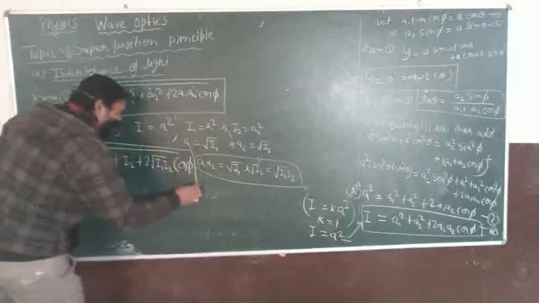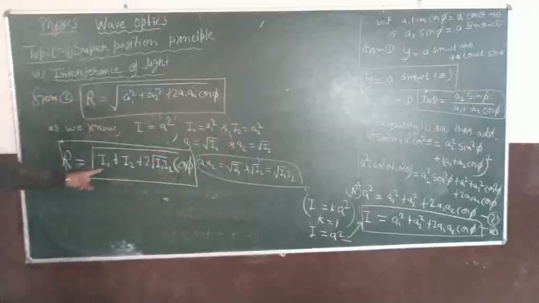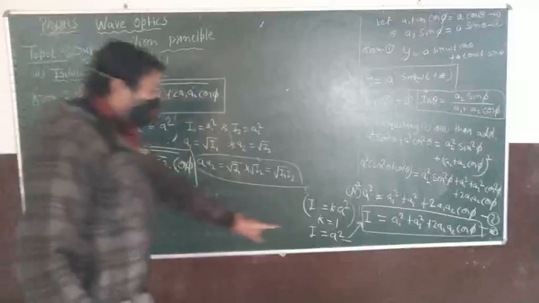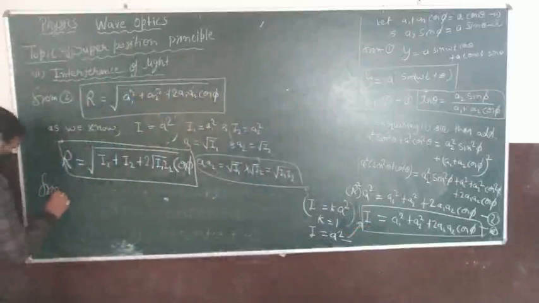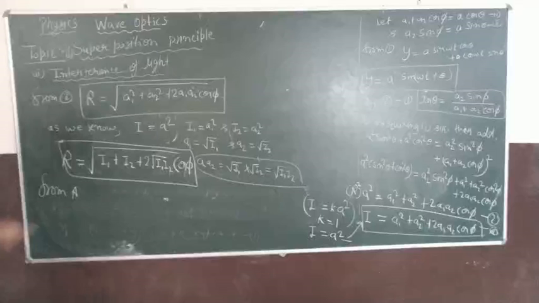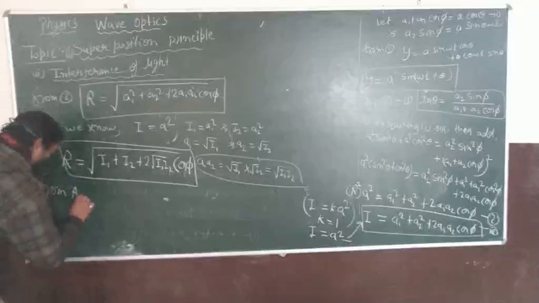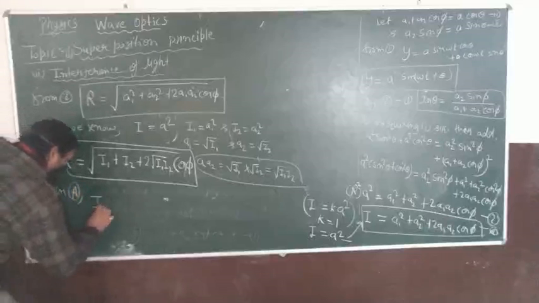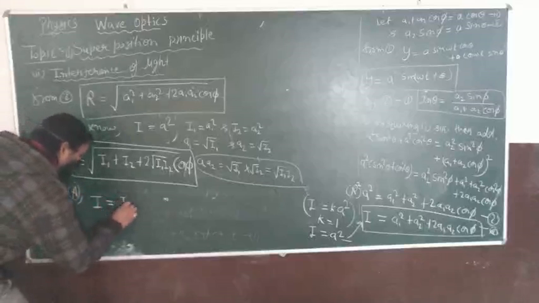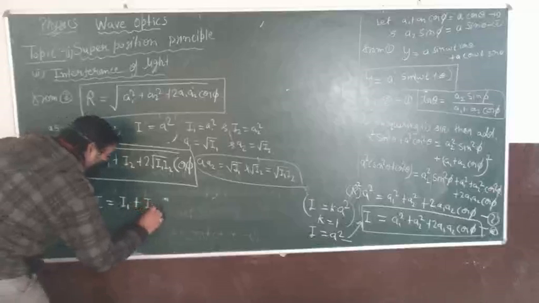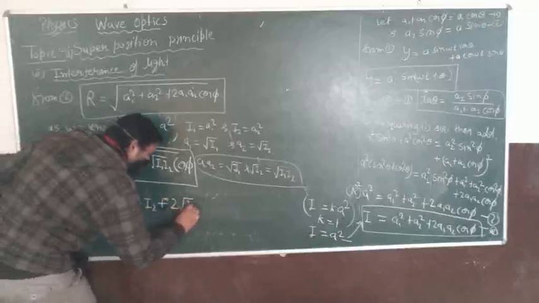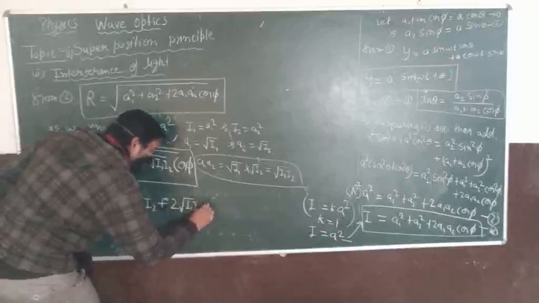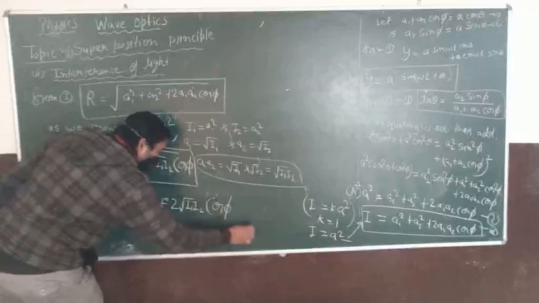This is the resultant magnitude in the form of the intensity of light. Now, from this relation A, I is equal to I1 plus I2 plus 2 under root of I1 I2 cos phi.